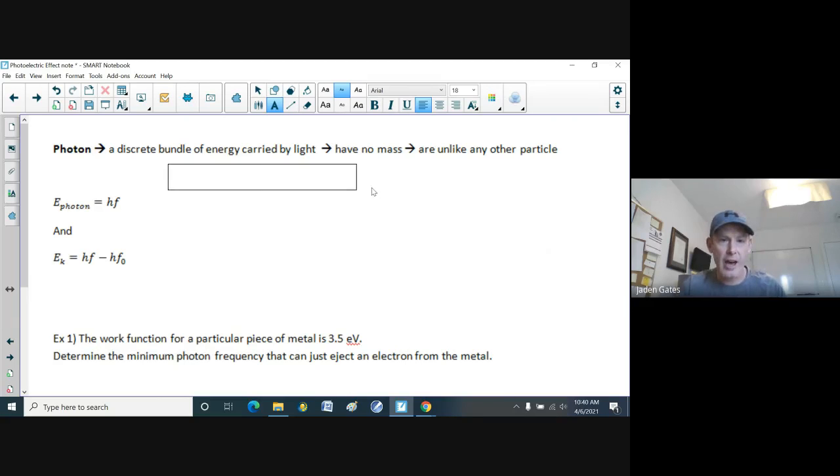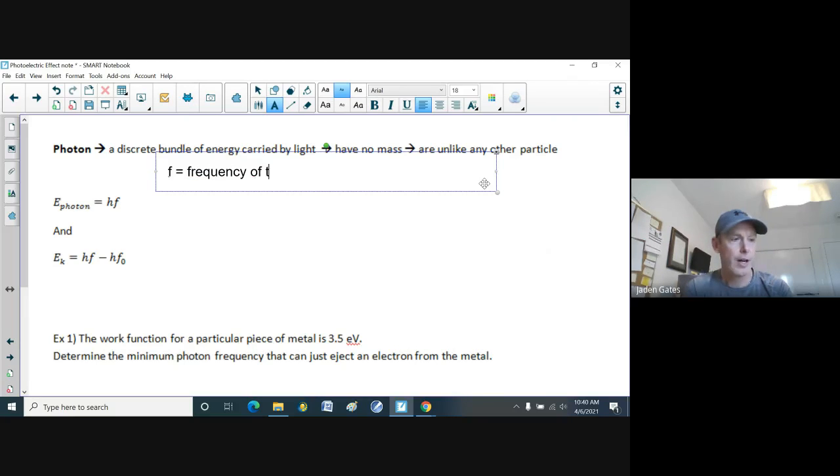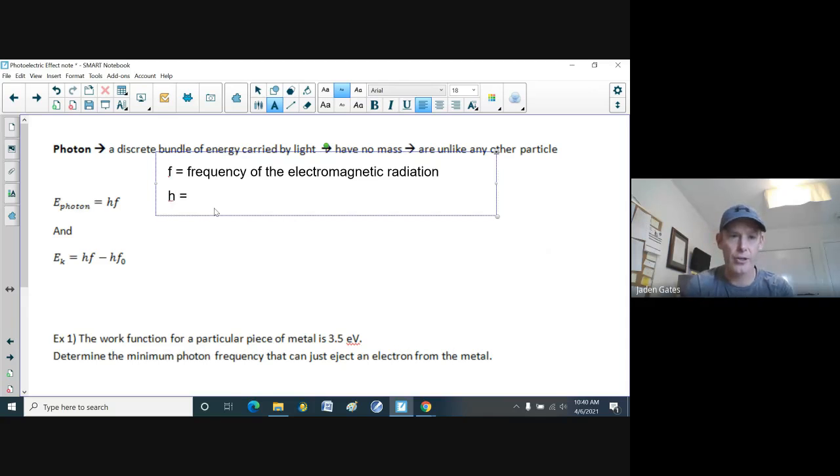Again, f in this case, not f naught, but just f, is the frequency of the electromagnetic radiation that you're talking about. And h is Planck's constant, which I'll write down, because we're going to need it again when we start doing some calculations, which again is 6.63 times 10 to the power of negative 34.